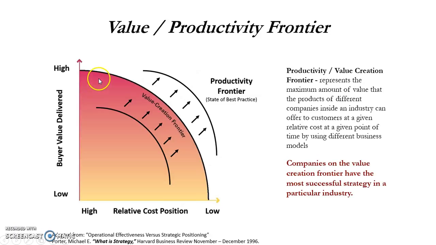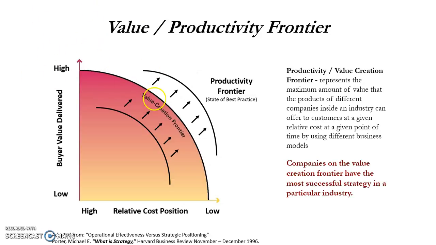Further, to understand the curve, let us consider this point on the curve on the top left corner with high relative value and high relative cost position. So over here we are basically talking about firms or products which are targeted at a luxury or elite customer segment.